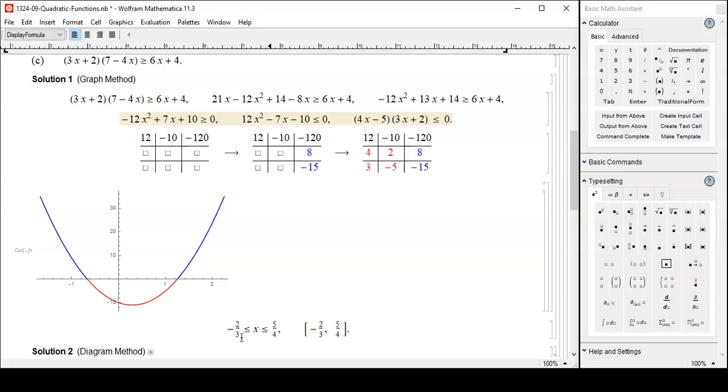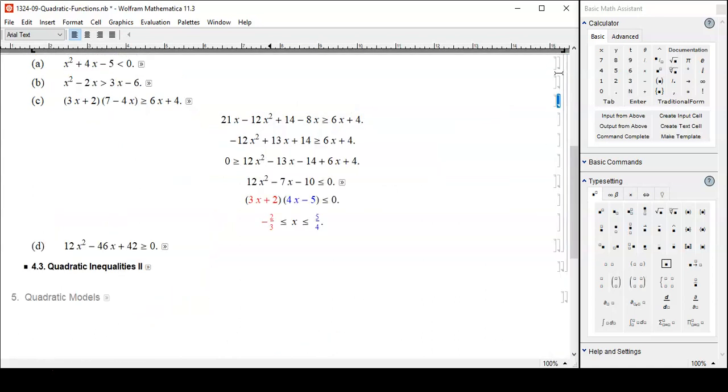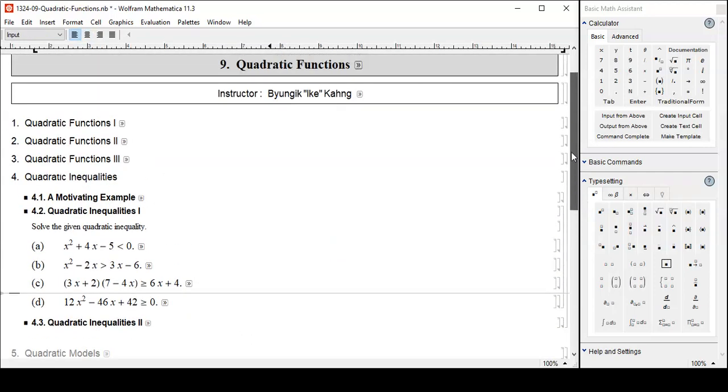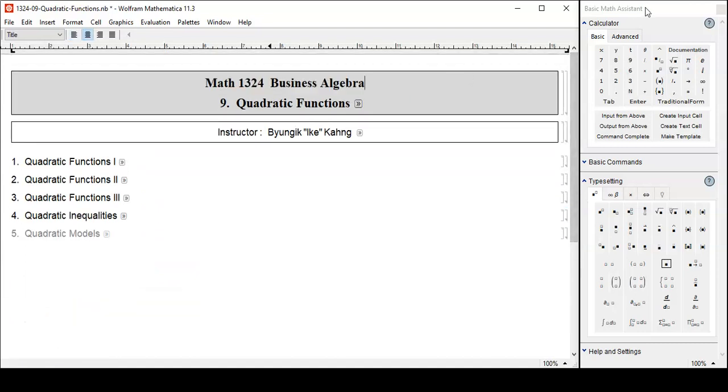Turns out negative 2/3 and 5/4. So we get this interval, negative 2/3 to 5/4. Why bracket? That's because we started from greater than or equal to, a semi-inequality. So some of the hard problems go like this. And this problem is going to be almost equally as hard. I'll leave the details to students.